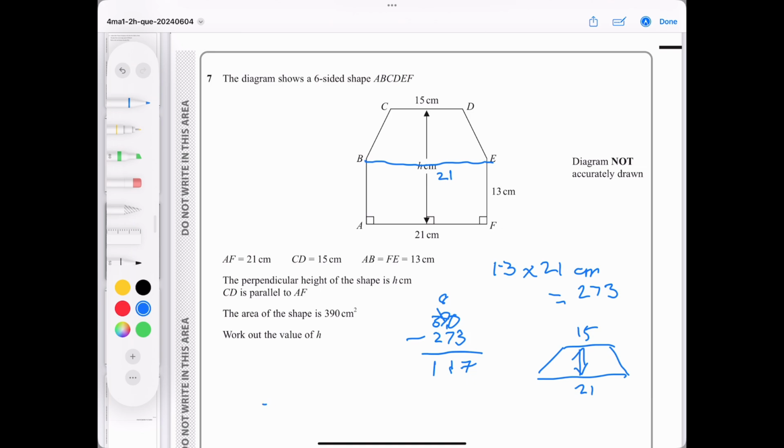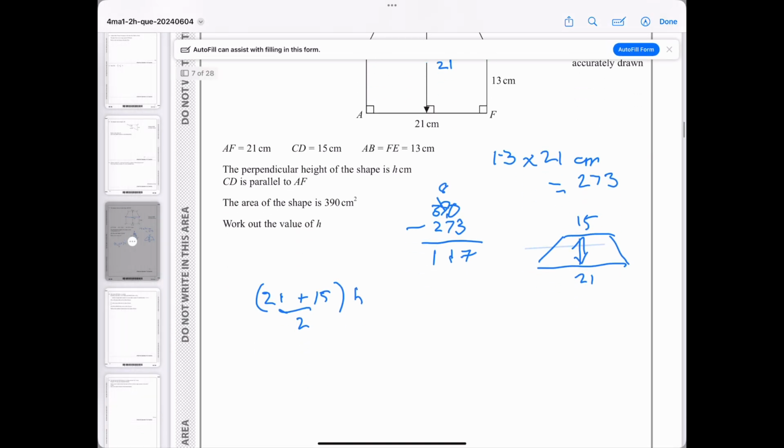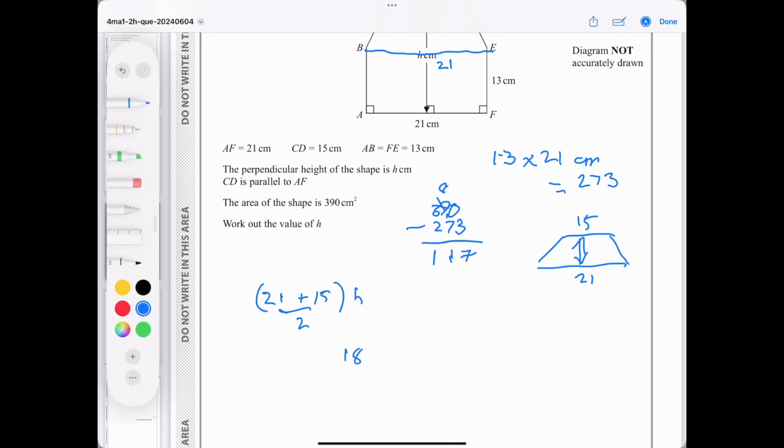So it's going to be 21 plus 15 times the H, over 2. 21 plus 15 equals 36, divided by 2 is 18, so 18H equals 117. So 117 divided by 18 equals 6.5.